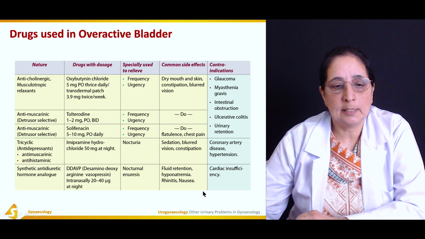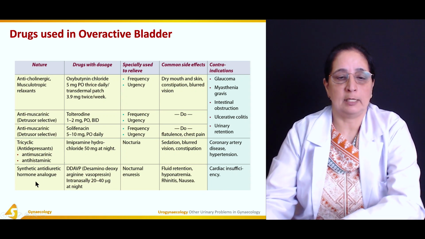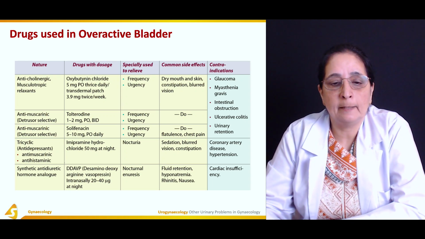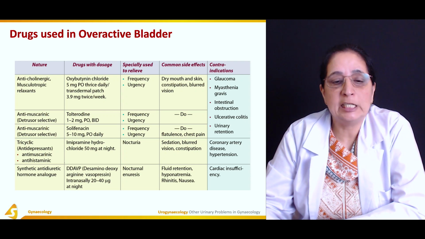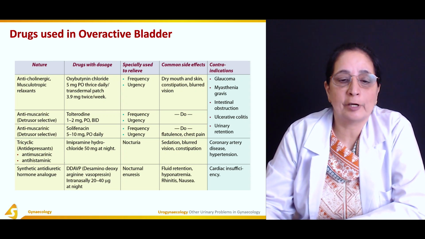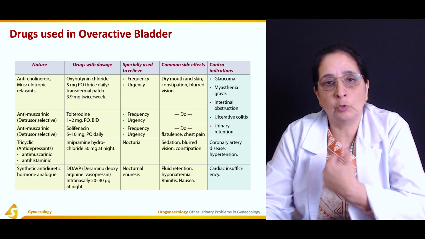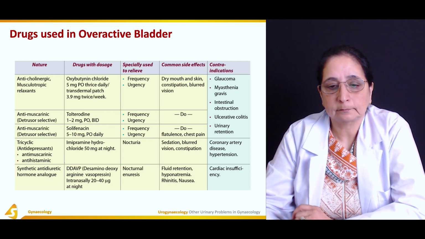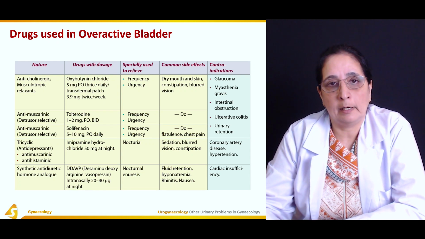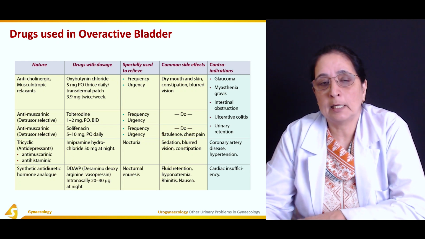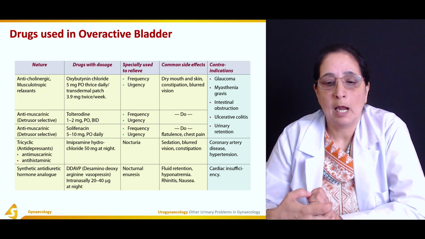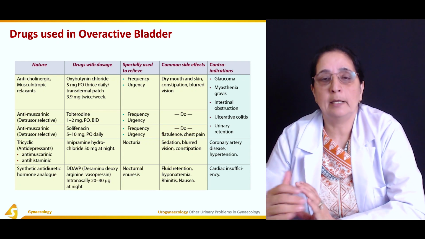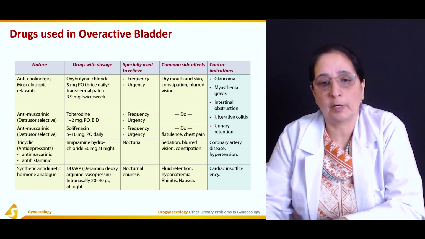Then the other group is synthetic antidiuretic hormone analogs, which include DDAVP, desmopressin, given intranasally through the nose, 20 to 40 microgram at night. This is used for nighttime urination, and side effects are fluid retention, hyponatremia, rhinitis, and nausea, and cardiac insufficiency is the contraindication.